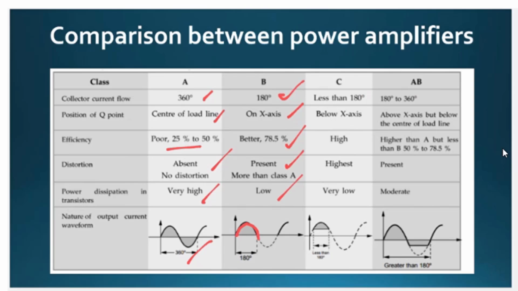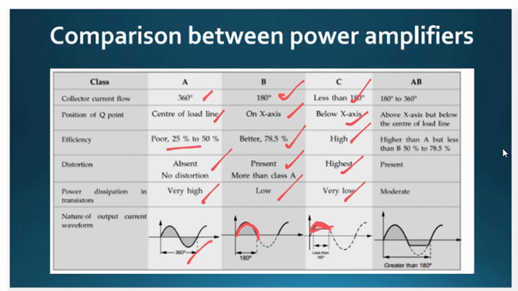Now coming to class C, the Q point is below the x-axis, so the conduction angle is less than 180. See the waveform. The efficiency is very high. Distortion is high, but the dissipation is very low as the efficiency is very high.